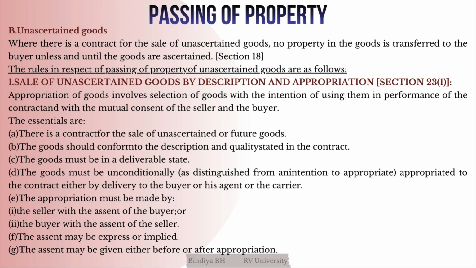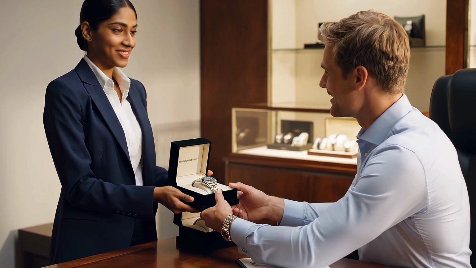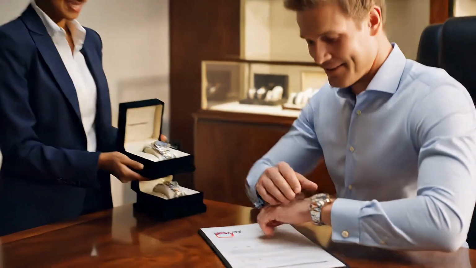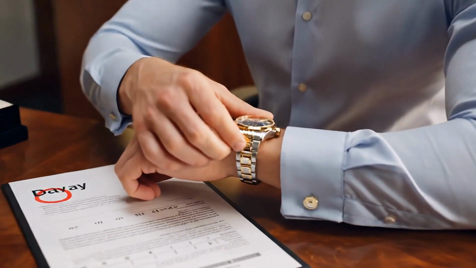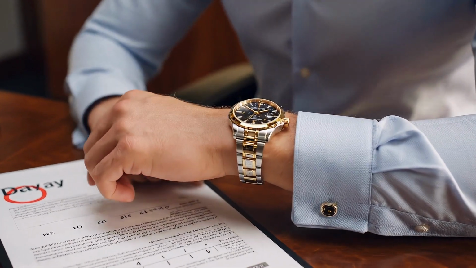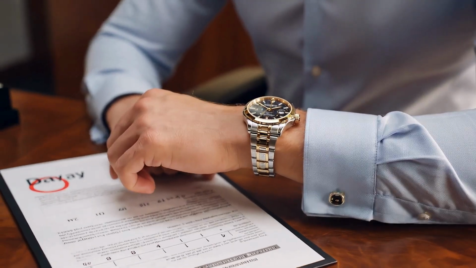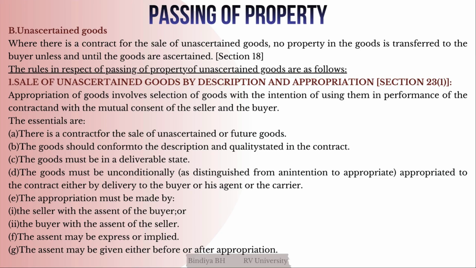For example, A delivers a watch to B on sale or return basis for 7 days, and B uses the watch for 10 days without even returning it. Here the ownership automatically passes after 7 days.